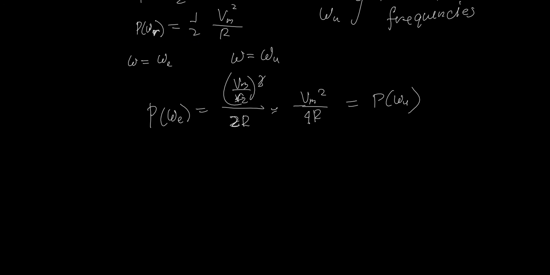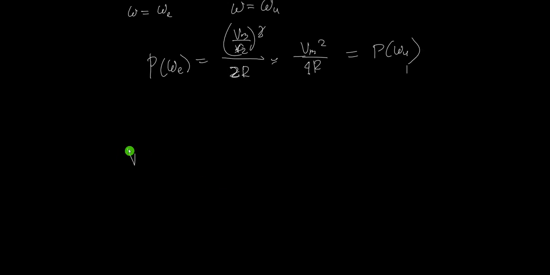Then the half power frequencies are obtained by setting our Z equal to the square root of 2 times R. So what is our impedance? Remember the formula for the impedance. This is the square root of R squared plus our reactances, omega L minus 1 over omega C, squared.